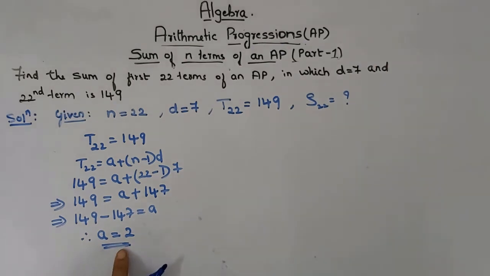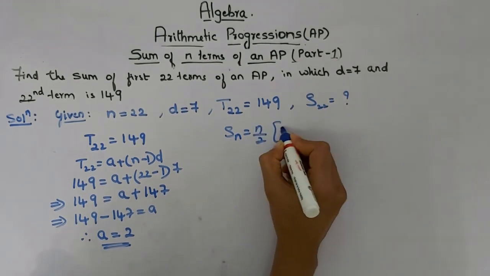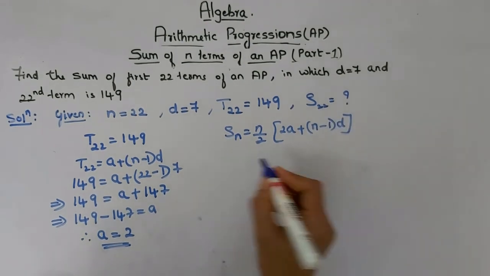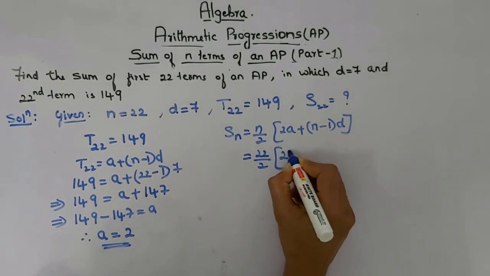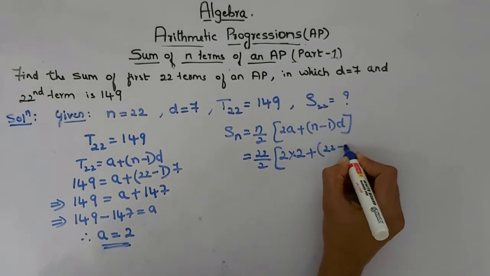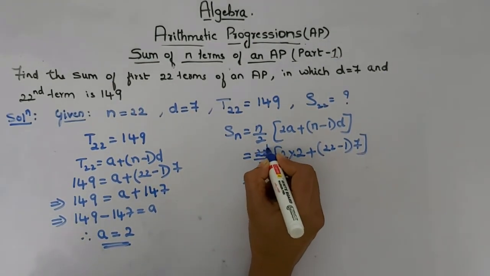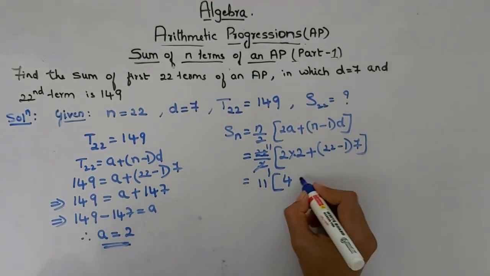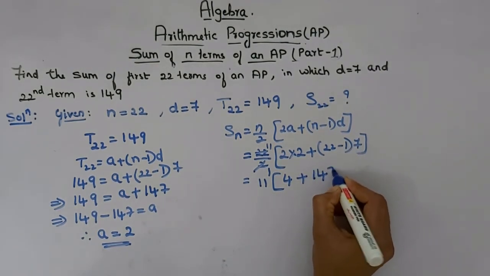So now let's substitute the value of A in Sn. We know Sn is equal to n by 2 into 2A plus n minus 1 into D. Which is equal to 22 by 2 into 2 into 2 plus 22 minus 1 into 7. So 11 into 4 plus 21 into 7, which is 147.